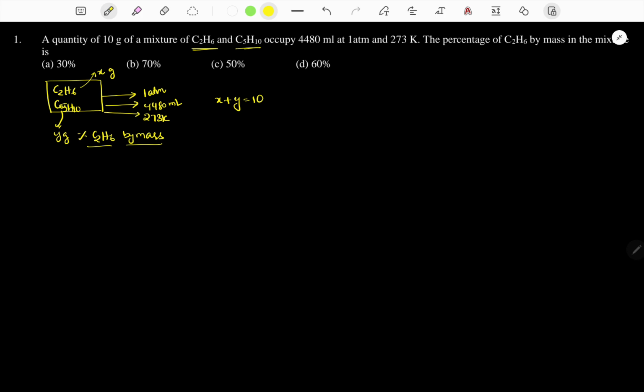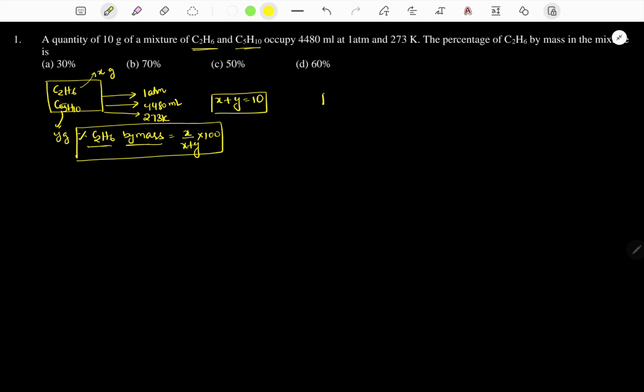Now percentage of C2H6 by mass means X by X plus Y, mass of C2H6 upon mass of C2H6 plus mass of C5H10, into 100. So this one we have to calculate, and this one they have given. We are assuming X plus Y is equal to 10.